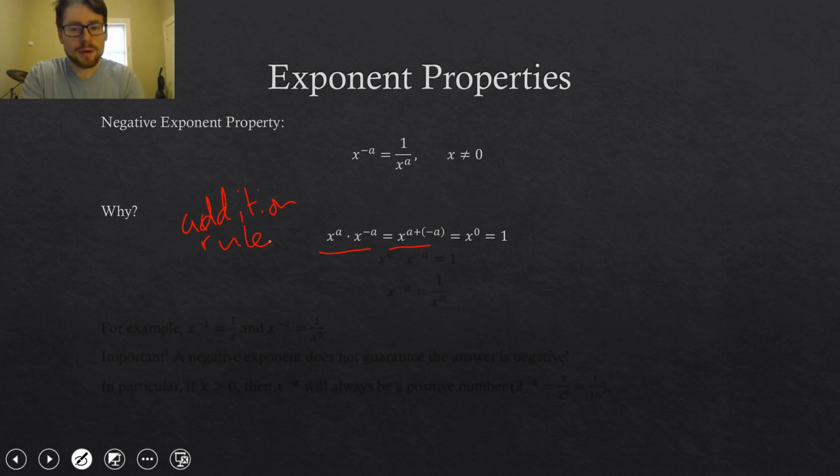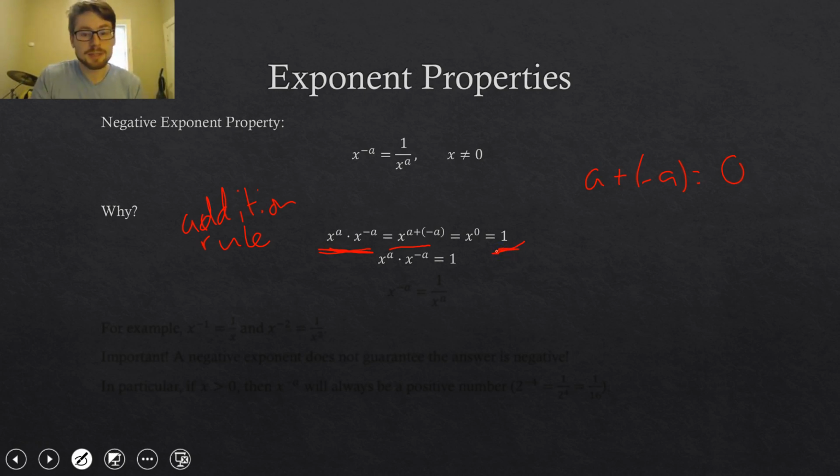And just a minute ago, we figured out what that was. A plus negative a, that's equal to 0. And we just determined x to the 0 was equal to 1. And so that gives us this equality here, that x to the a times x to the negative a is equal to 1, right there.